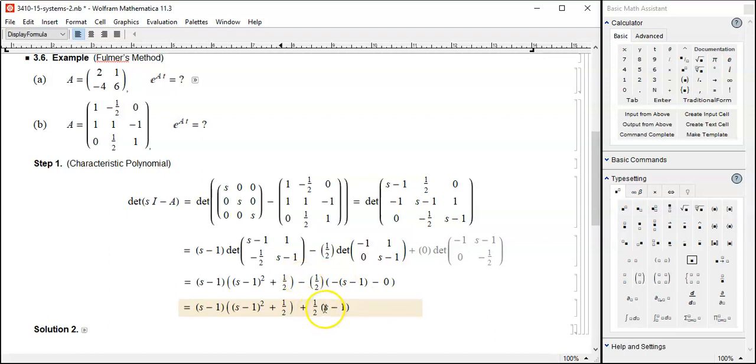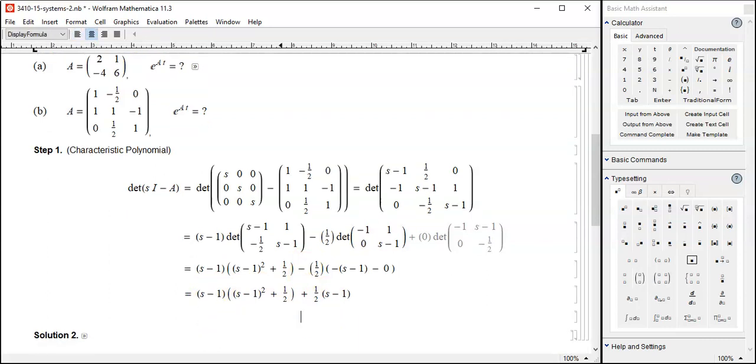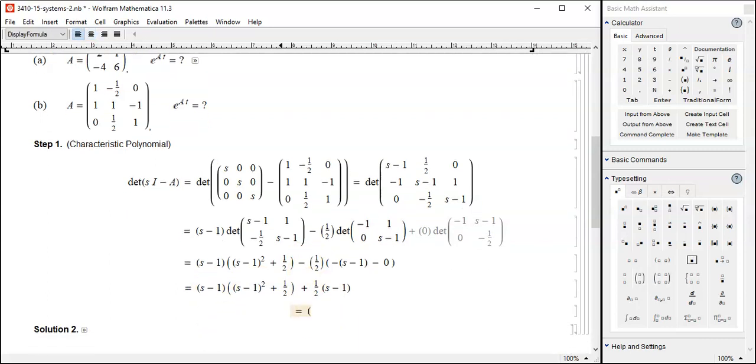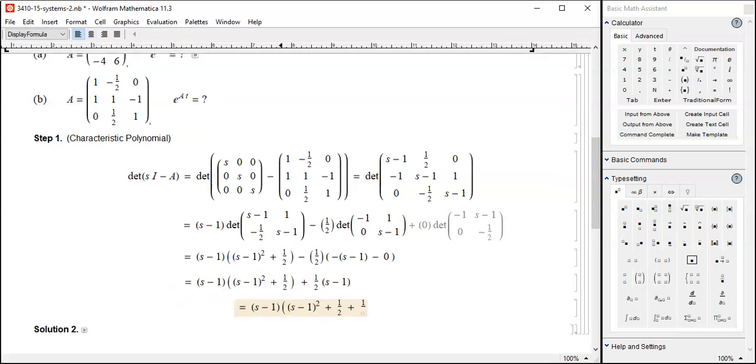Looks like I can factor S minus 1 out. S minus 1. And then add up this and that. So we get S minus 1 total quantity squared plus 1/2 and plus another 1/2. So do you see that this is just 1?